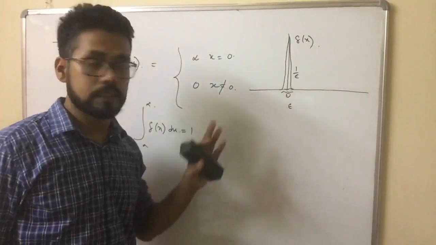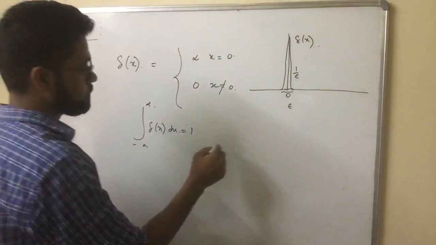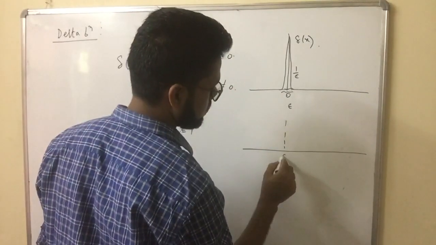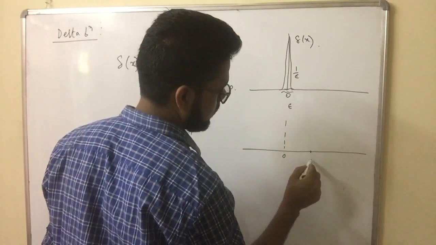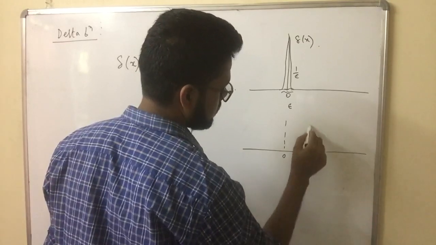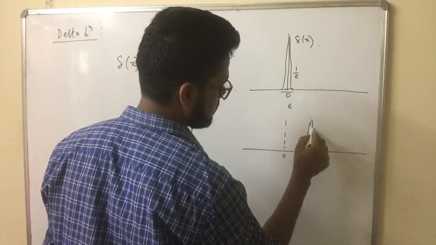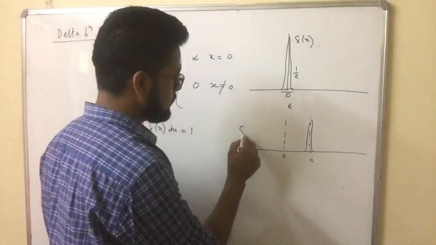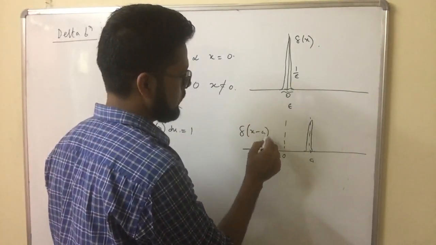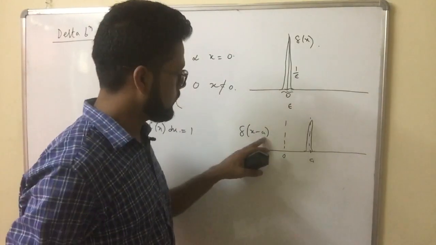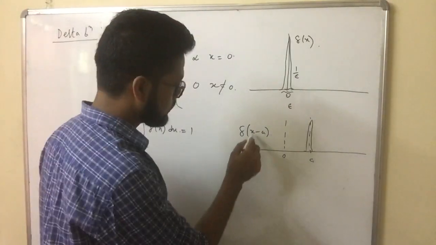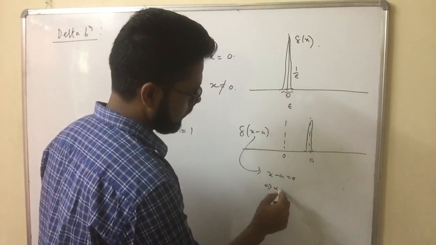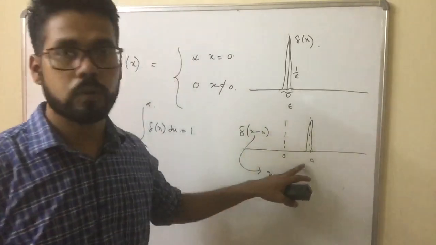Second, this is basic. Suppose this is the origin and this is a point A. If the delta function is situated here, it is represented by delta of x minus A. Setting x minus A equal to 0 gives x equal to A. That means the delta function is located at A.